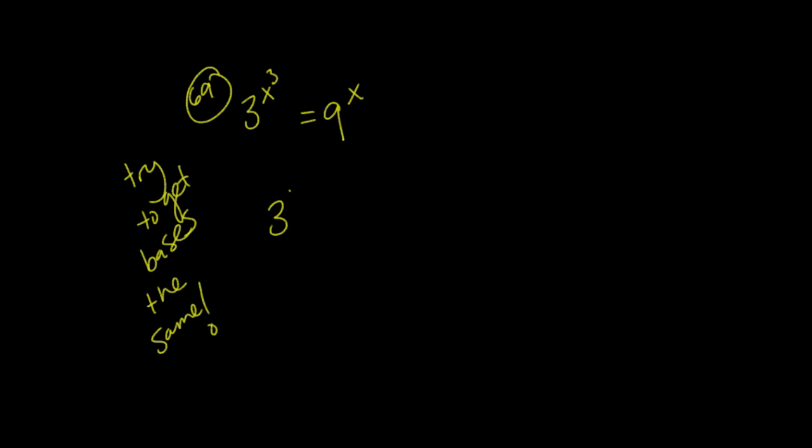So here we have 3 to the x to the third equals 3 squared, all raised to the x power, right? So that's equivalent to 3 to the x cubed equals 3 to the 2x. When you raise a power to a power, you multiply. It's not x squared. Be careful of that. So now we have x cubed is equal to 2x.